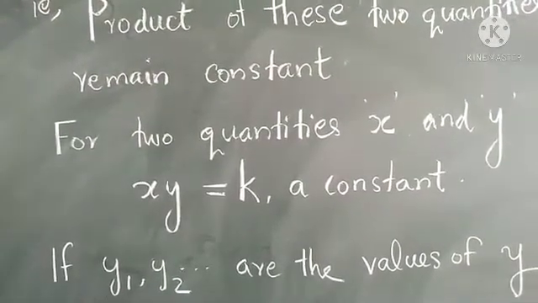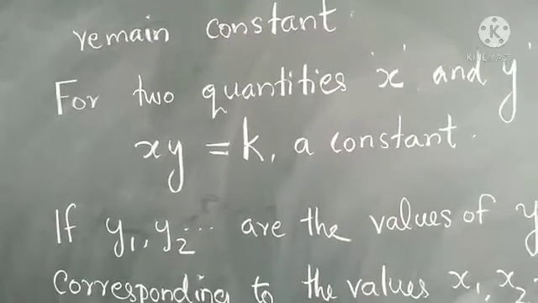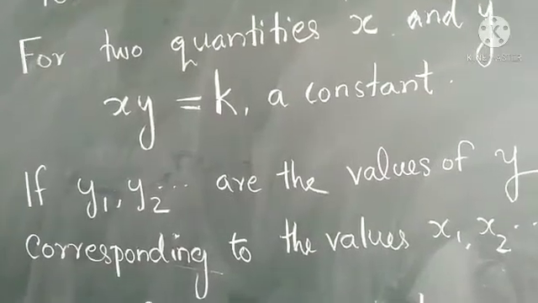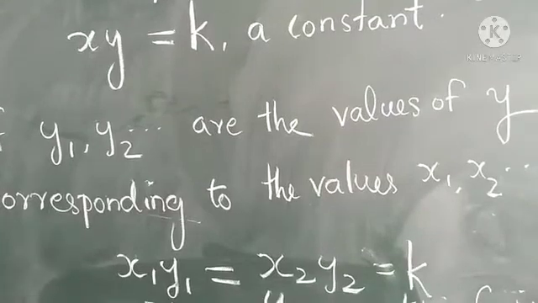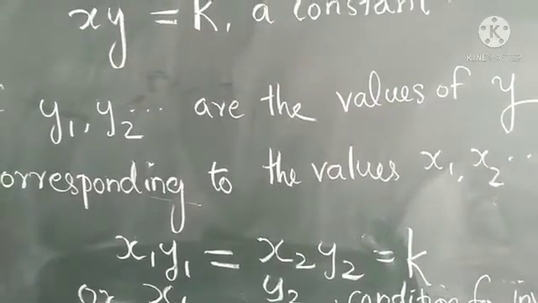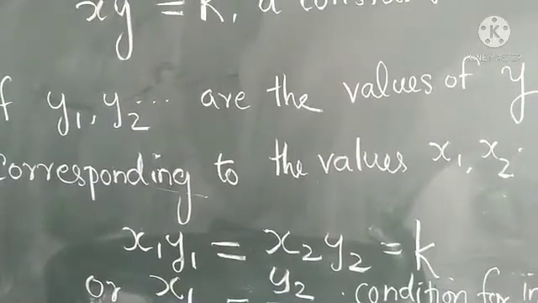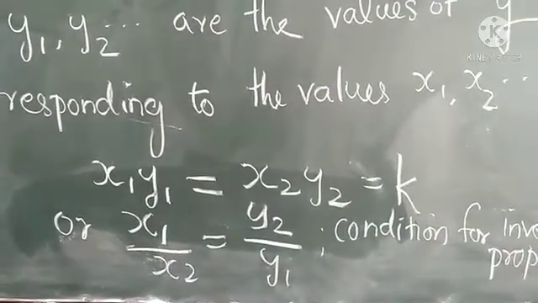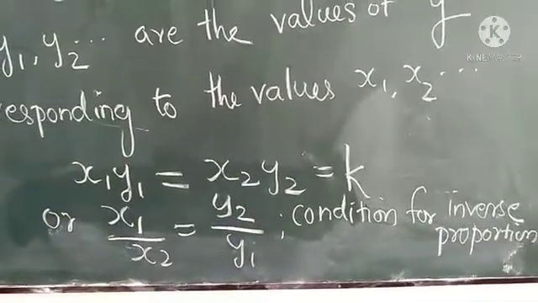And if y1, y2, etc. are the values of y corresponding to the values x1, x2, etc., we can say that x1 y1 is equal to x2 y2 is equal to k, the product of the two quantities, or x1 by x2 is equal to y2 by y1. This is the condition for inverse proportion.